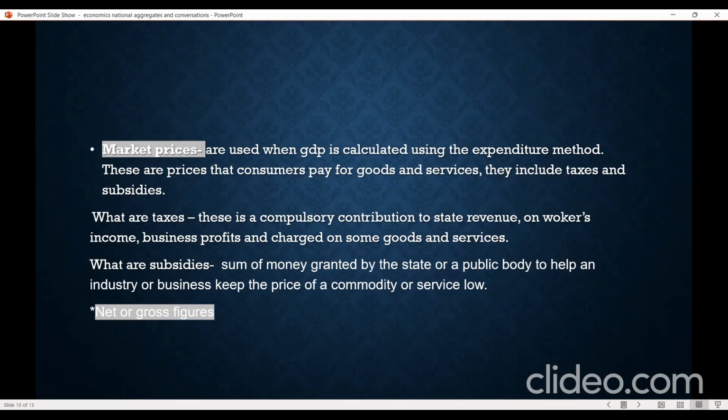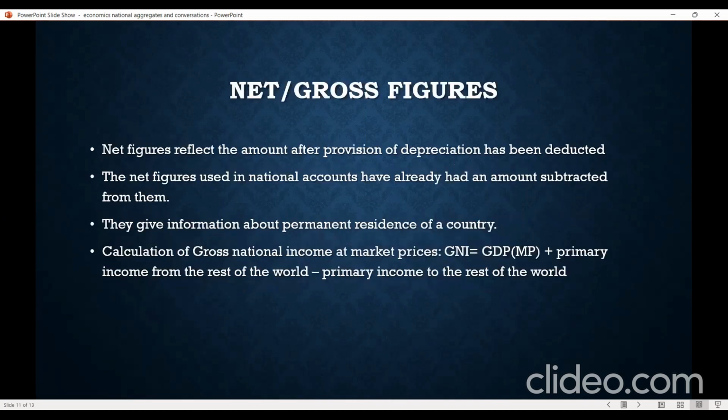Let us continue and talk of our net or gross figures. What exactly do we mean when we speak of net or gross figures? The net figures reflect the amount after provision of depreciation has been deducted.